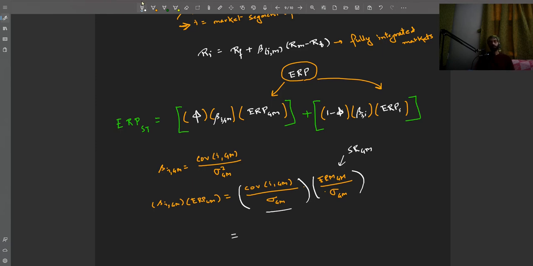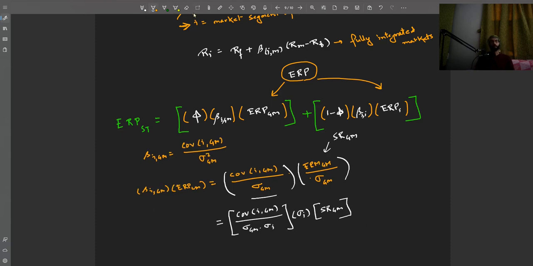This is equal to covariance of I with respect to GM divided by standard deviation of the global market into standard deviation of I, multiplied by standard deviation of I. We have just multiplied the same thing in the denominator and the numerator, so the entire expression remains the same. Multiplied by Sharpe ratio of the global markets, right?